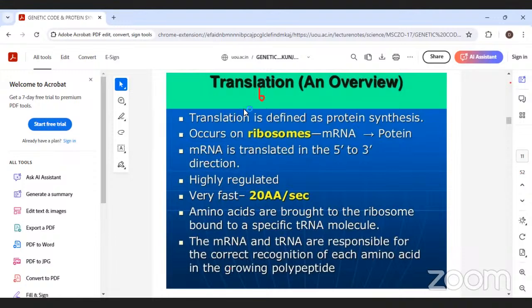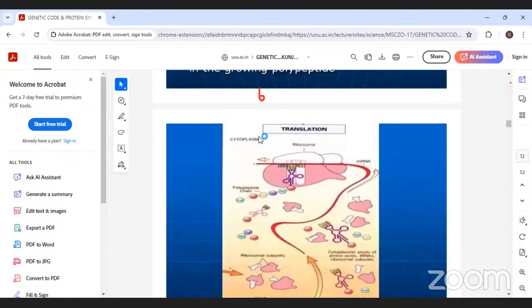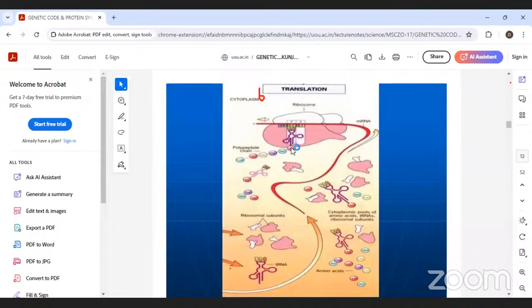This is the translation. See, this is a tRNA, transfer RNA, in the cytoplasm. This is the 80S ribosome, and attached to it are the tRNAs. This red color part is the messenger RNA. These are all the ribosomal subunits.